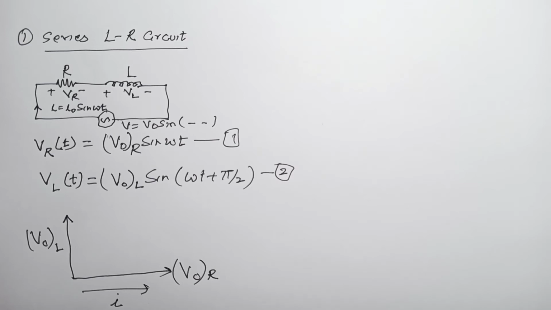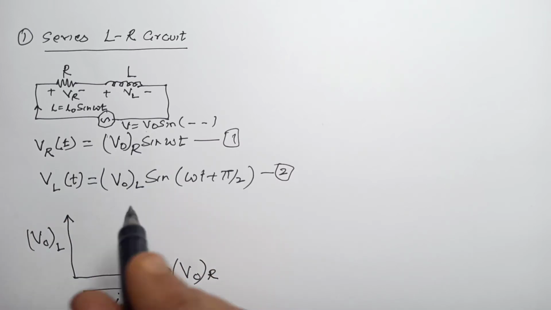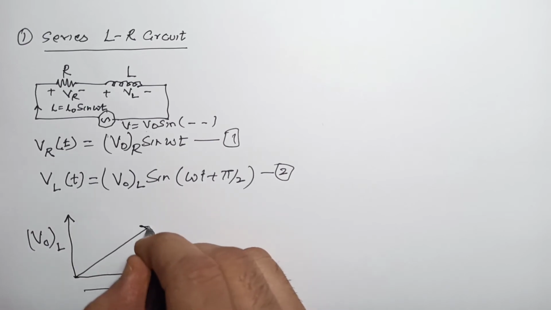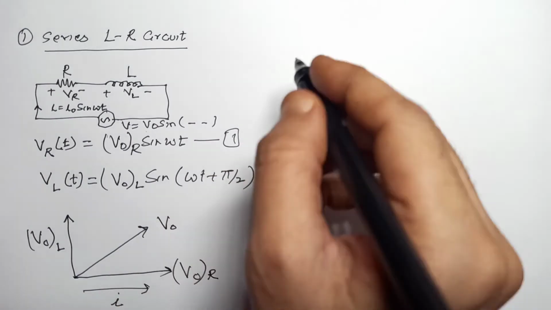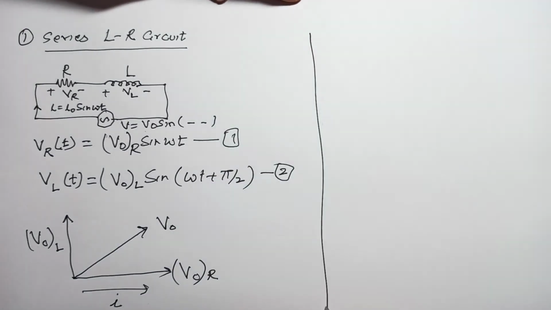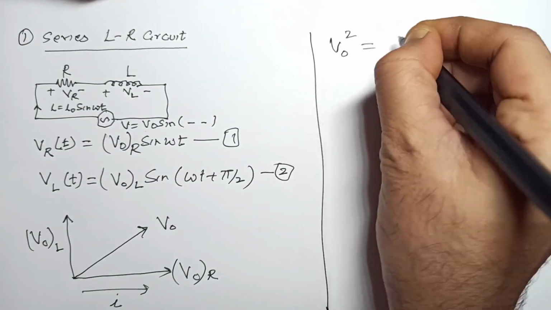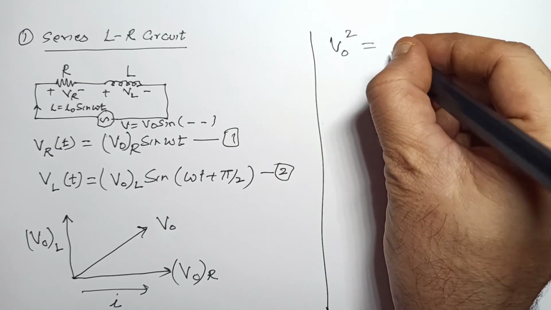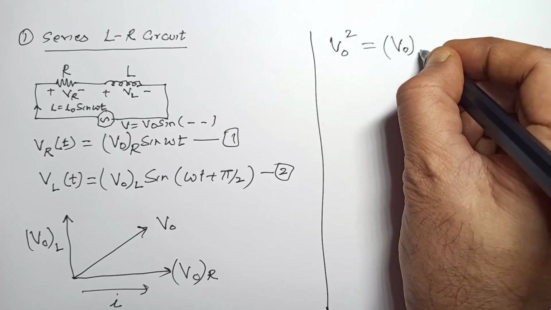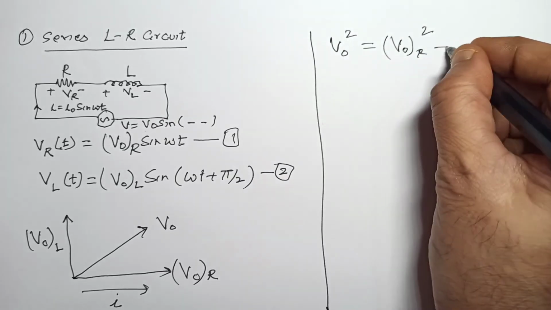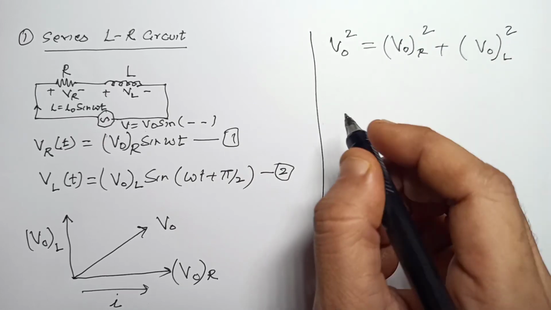So we have to represent it in vector form. If we have to check the overall V naught, then it will be something like this. Correct? Now, with this, I can say V naught square is equal to V naught R square plus V naught L square, correct?